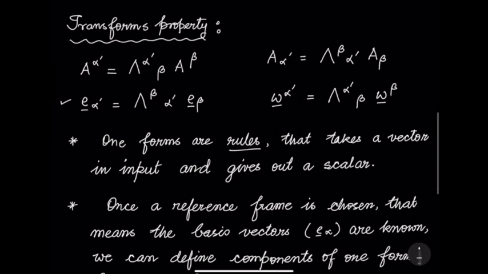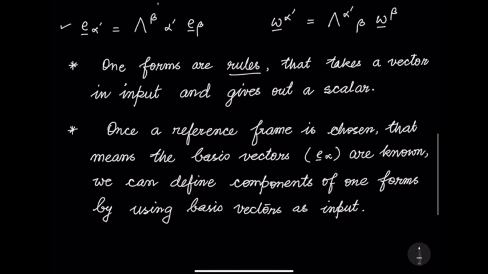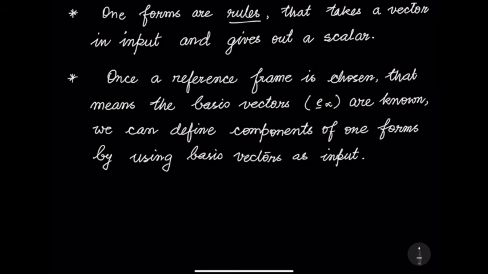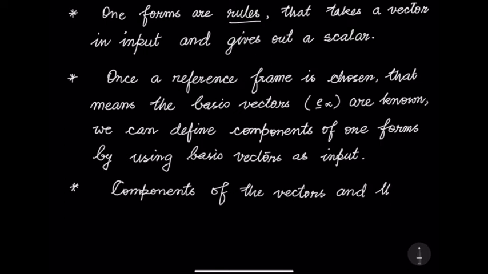Now, we also saw here that these have certain transformation properties. So components of the vectors and the one forms transform in a certain way.